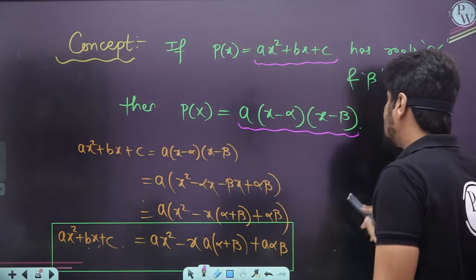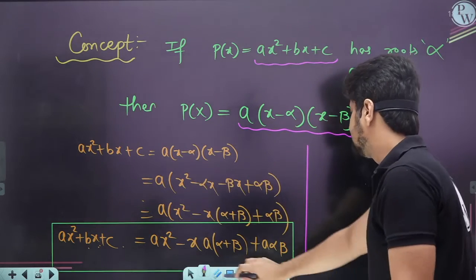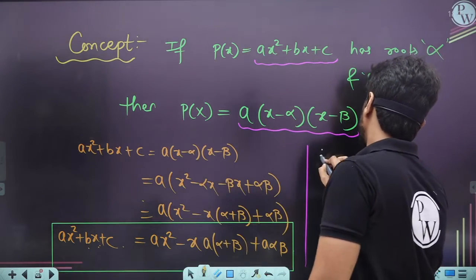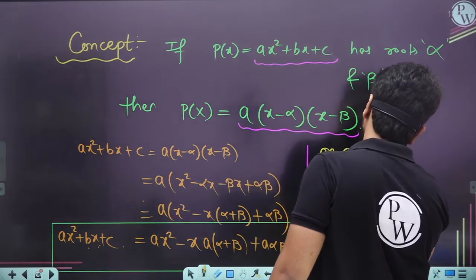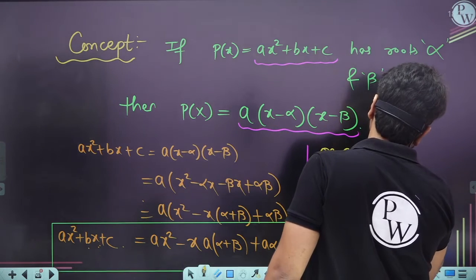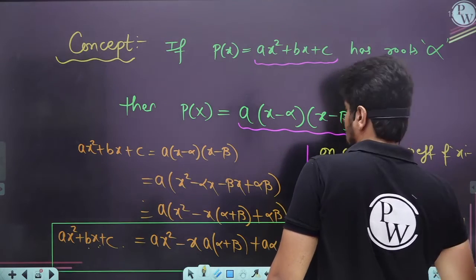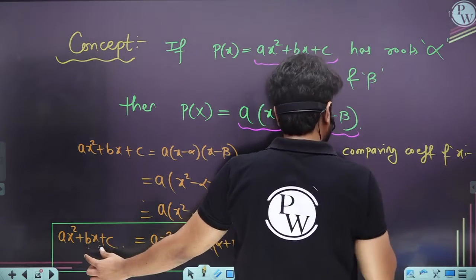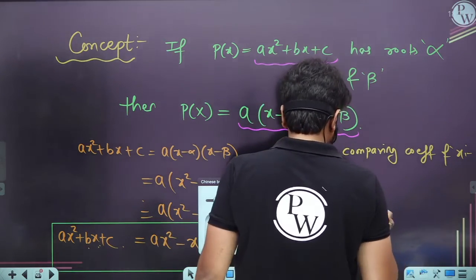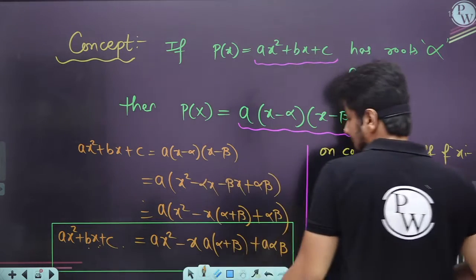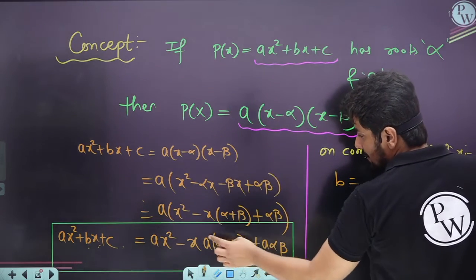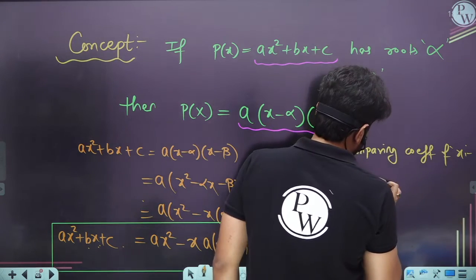So on comparing the coefficient of x, the coefficient of x in the left hand side is b, and in the right hand side it is minus a times (alpha plus beta).